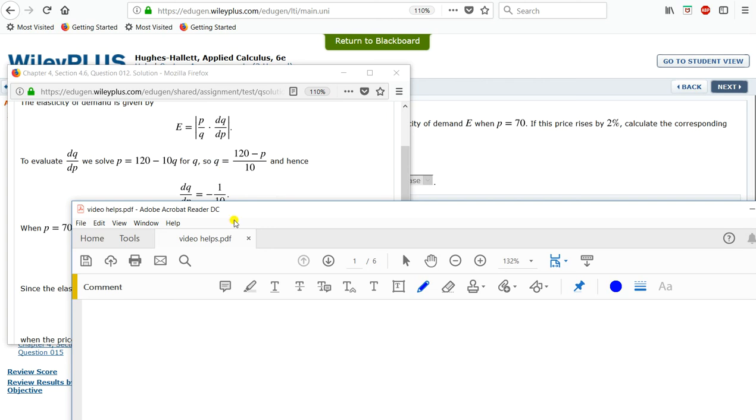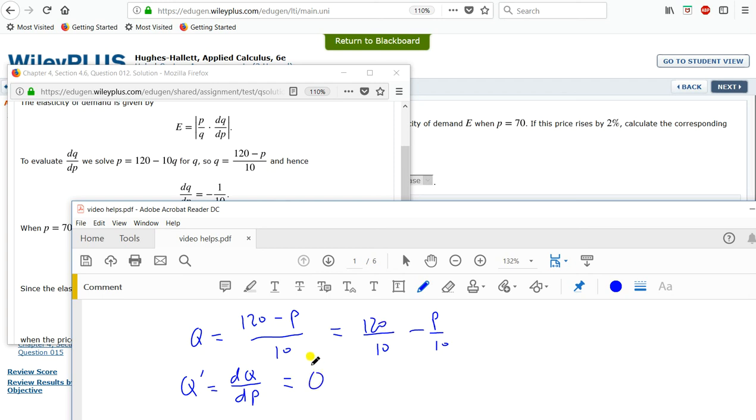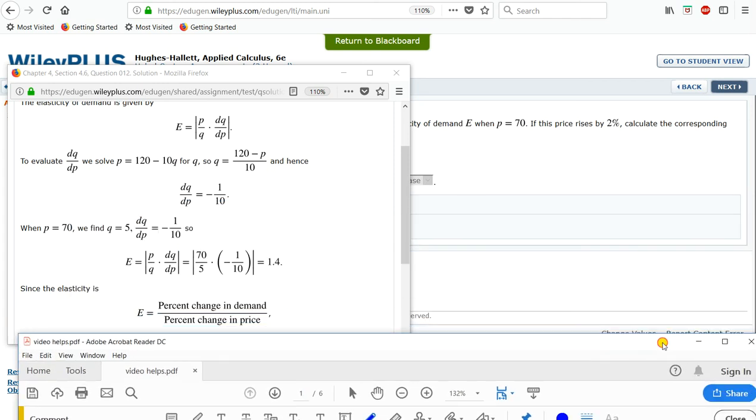When you solve for Q, Q is 120 minus P over 10, and we can just split this into 120 over 10 minus P over 10, and Q prime is actually dQ over dP, because Q now is in terms of P, so the constant now becomes 0 when you take the derivative of that, and then this is the first power, so you just get the coefficient, which is minus 1 over 10. So the derivative of the Q function, dQ over dP, is minus 1 over 10, which you can see is from here.